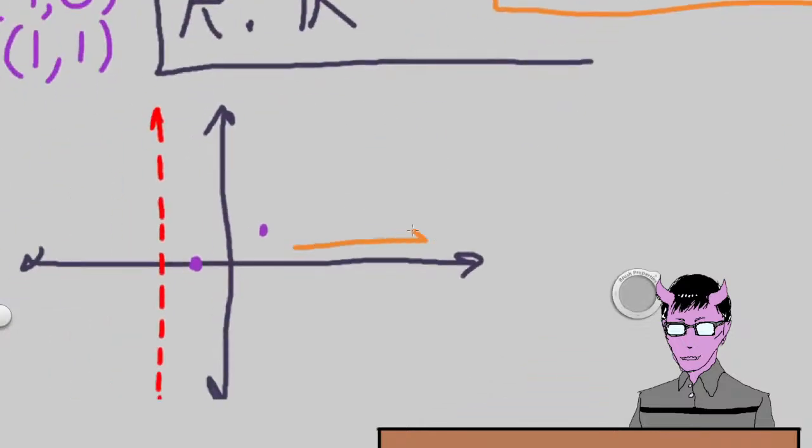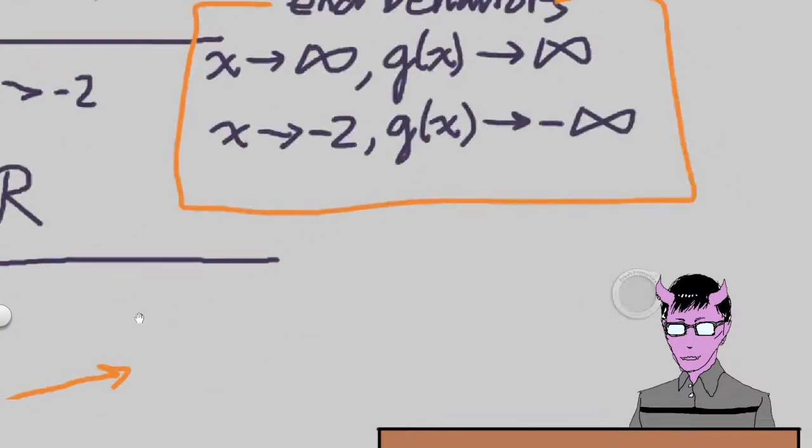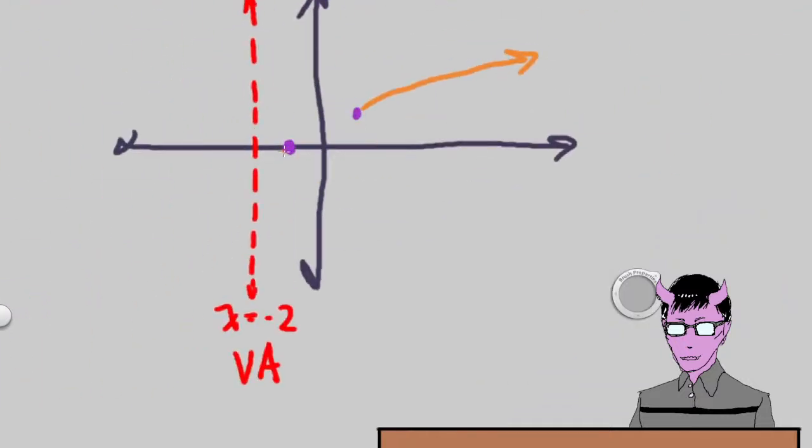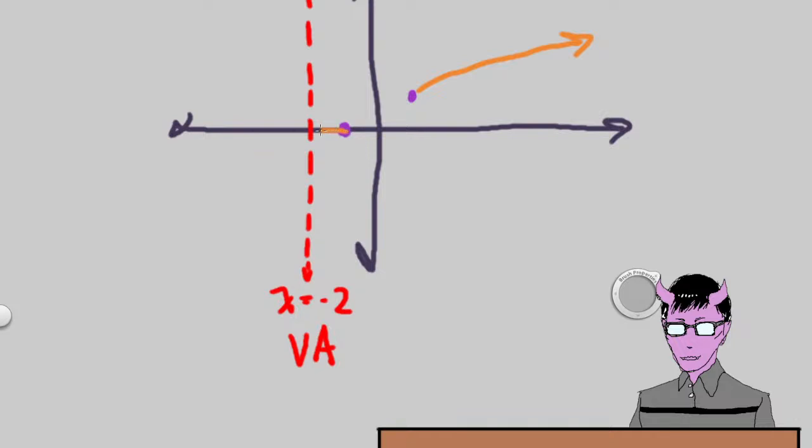So that's going to be onwards is upwards. As the x values get smaller and creep closer and closer to -2, the y values explode negatively downwards.